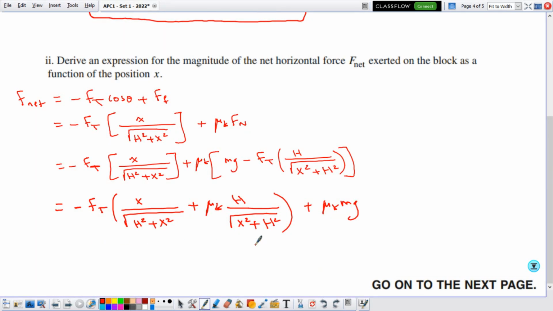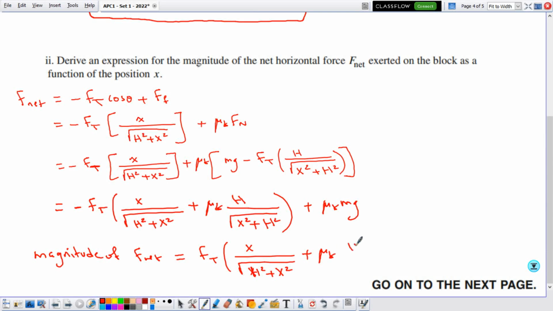Then this answer is wrong. Now I would say the magnitude of F net would be equal to, so I will consider the opposite of this, which is Ft multiplied by x divided by radical h square plus x square plus mu k h divided by radical h square plus x square, minus mu k mg.